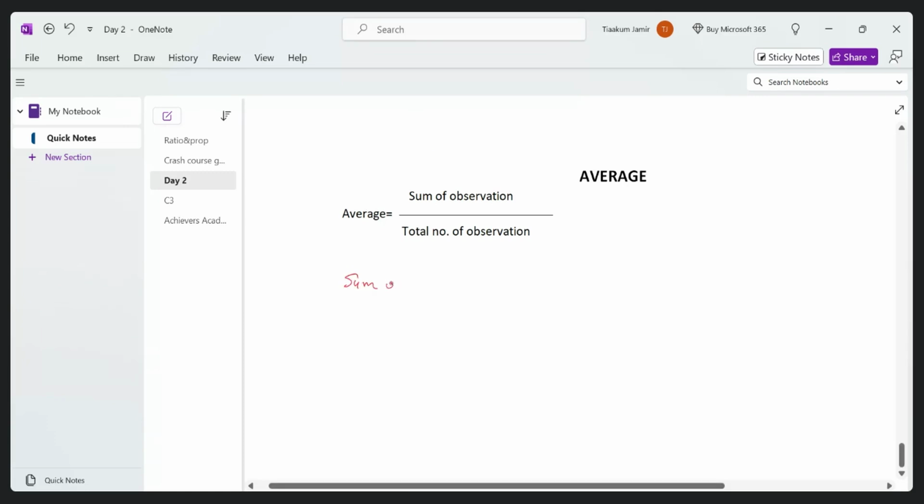Sum of observations is average into total number of observations. Likewise, you can find the total number of observations. Total number of observations will be sum of observations divided by average.